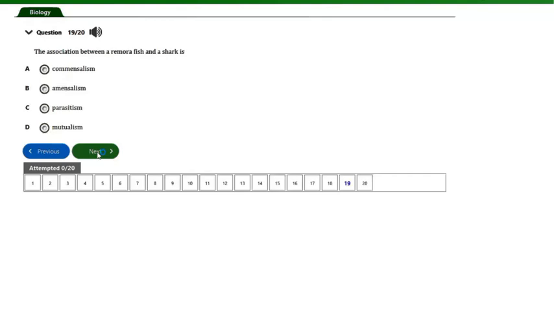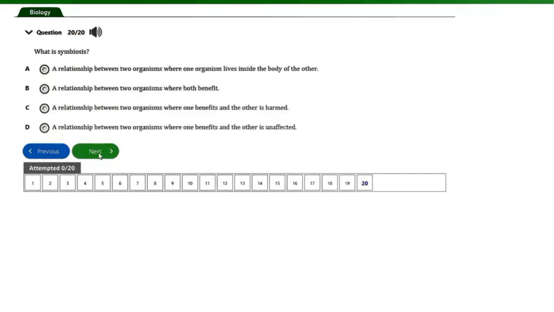In commensalism, organisms of different species have a relationship where one gains from the relationship, whereas the other neither gains nor is affected. So the association between a remora fish and the shark is that of commensalism. So let's look at the next question, guys.